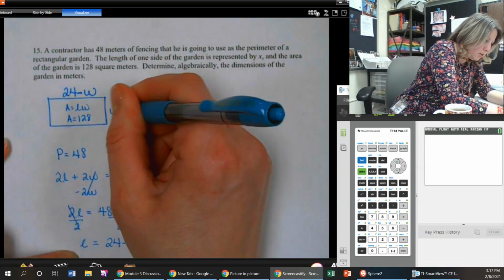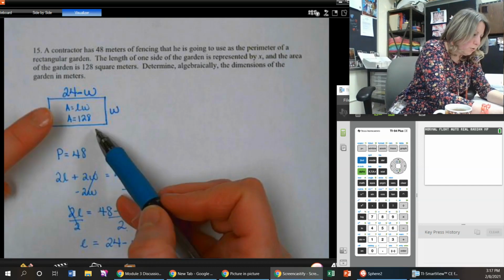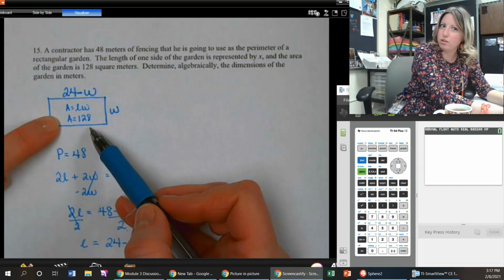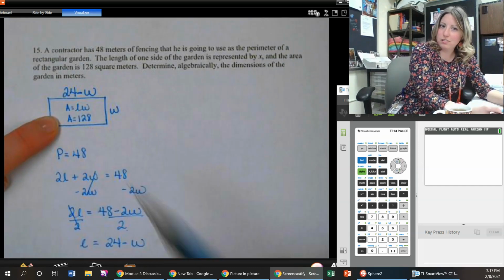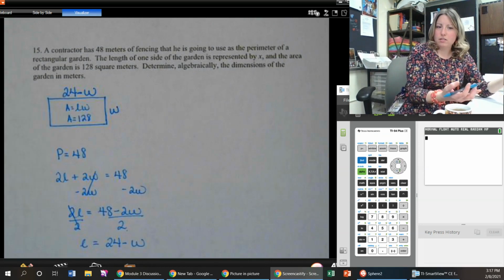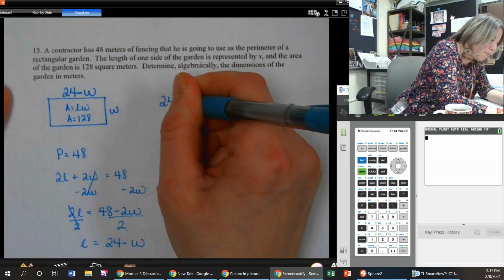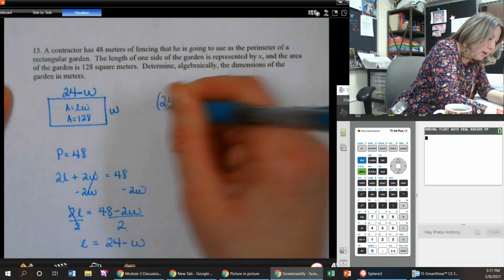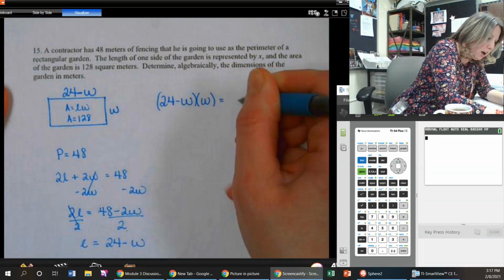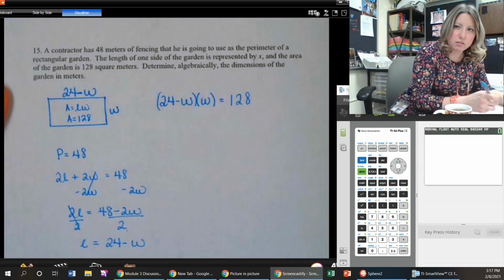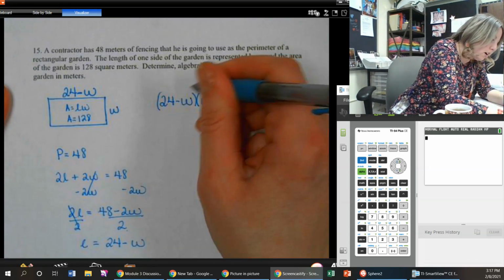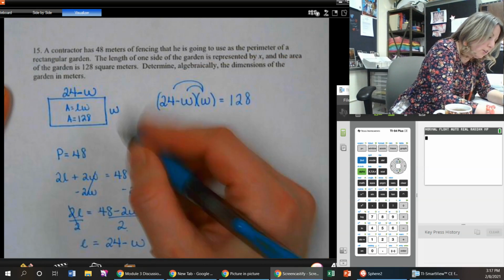My width would be W. And those would multiply together to give me 128, right? So let's try it. By the way, this is a tad bit harder than what would actually be on your test, but it's good practice. I'm going to put these in standard form as I go.